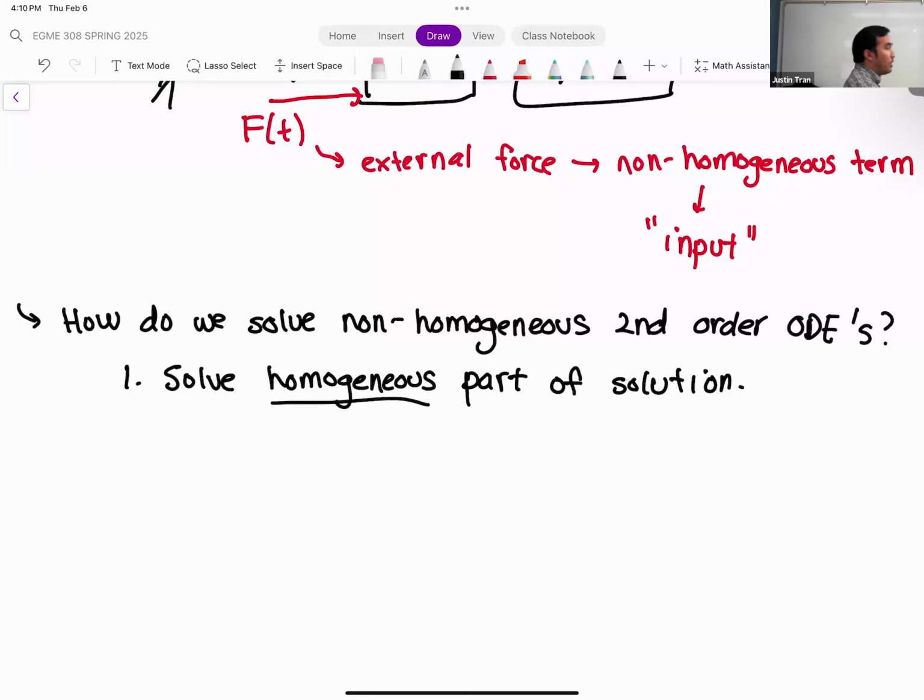We can only do this if the equation is homogeneous, so for this part of the solution procedure, you're going to pretend the non-homogeneous term is gone.